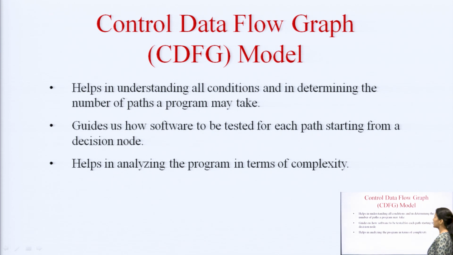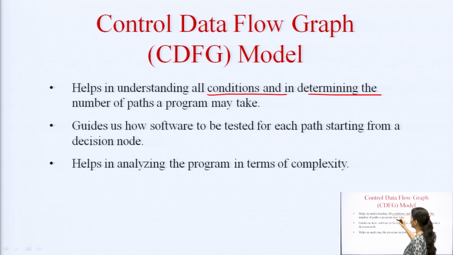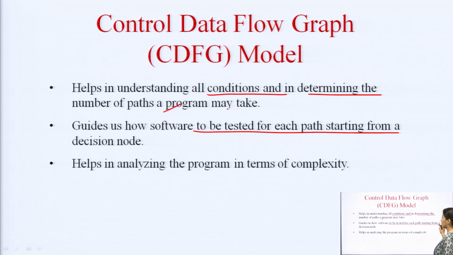So, what are the advantages of this control data flow graph? It helps in understanding all the conditions and in determining the number of paths a program may take. It guides us on how the software is to be tested for each path starting from the decision node. So, this is a very useful graph in those applications where the conditions have to be tested at one or the other point of time.